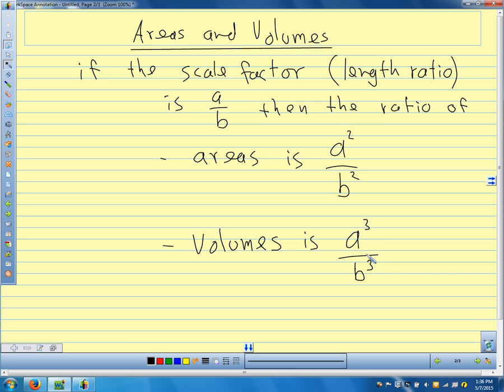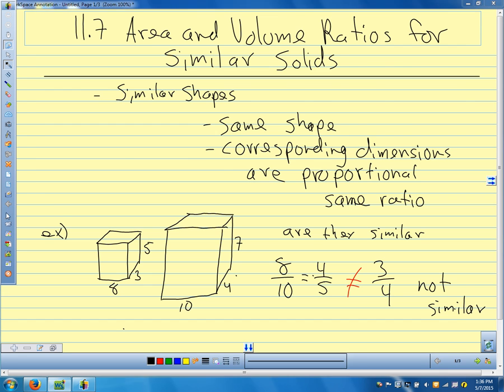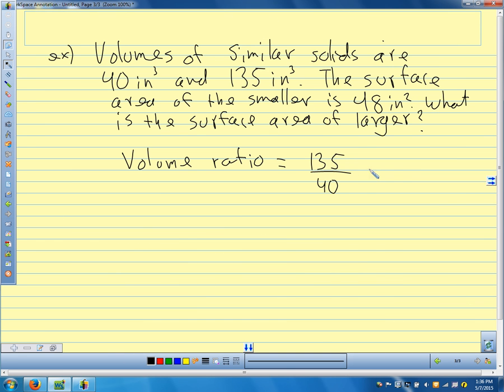So the volume ratio is A cubed over B cubed. How do we get back to the length ratio from this? How do we undo this cube? Cube root.